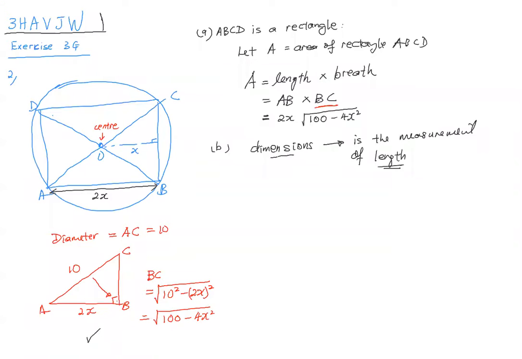Are you clear? That means you have to tell me the length of AB and the length of BC. Do you get me? That is the meaning of the word dimension. A solid has 3 dimensions.